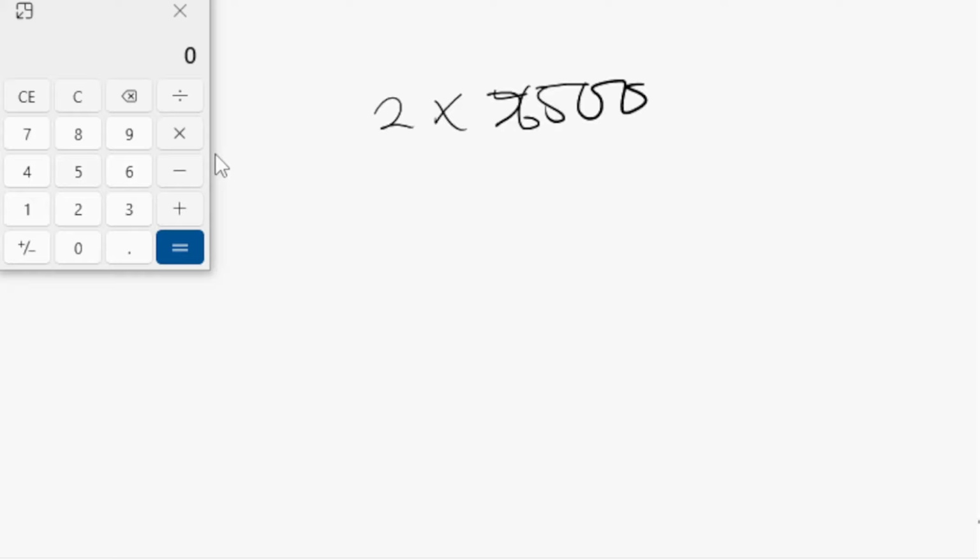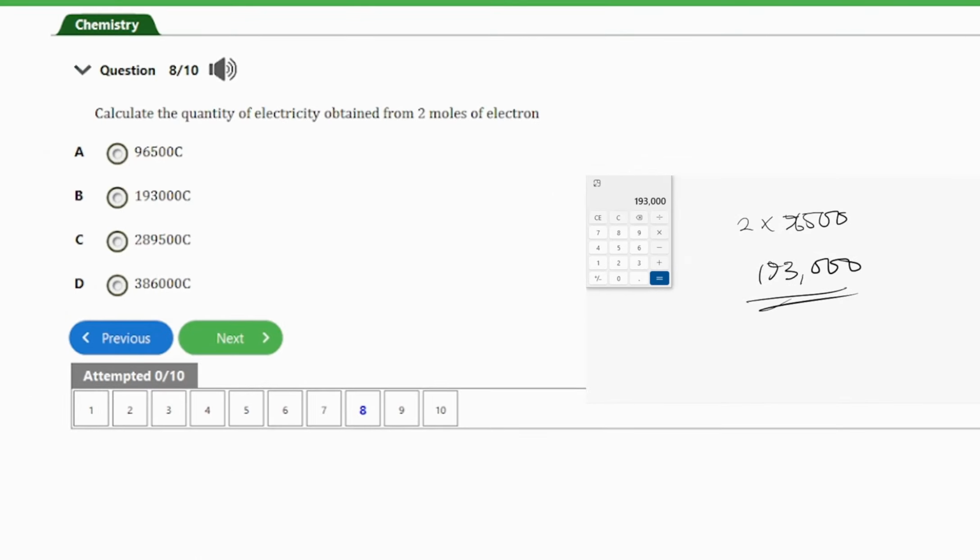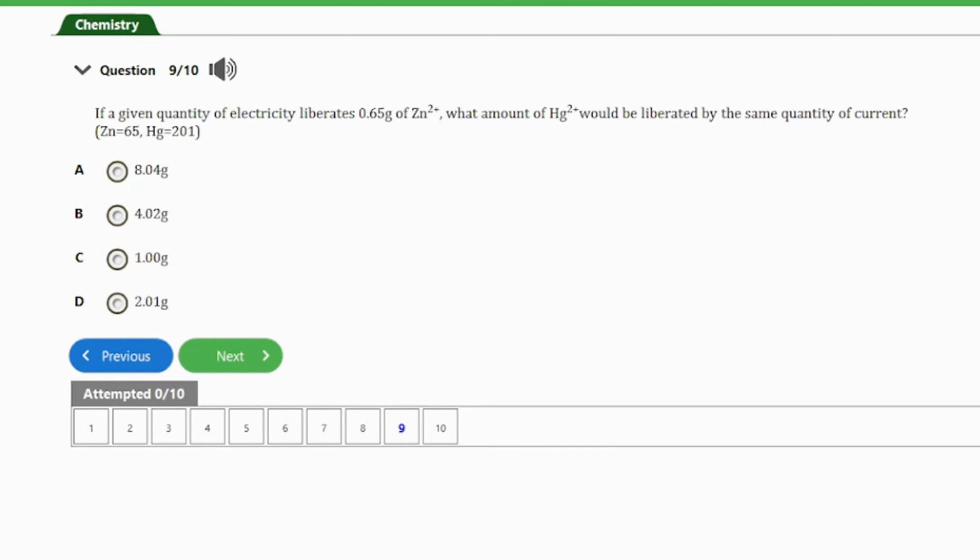So 2 times 96,500 is going to be 193,000. So this is 193,000. So this is one of the questions you can use as a bonus here in your chemistry.